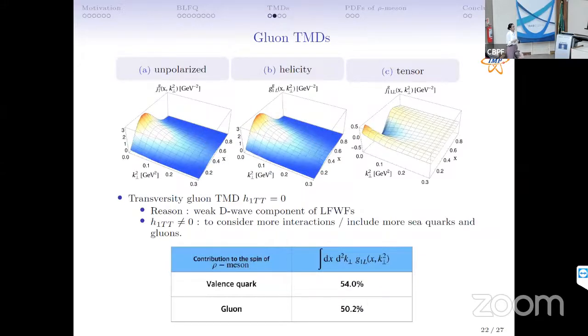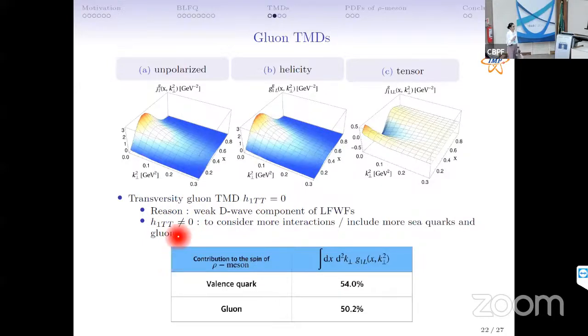Then among other gluon distribution TMDs, we have studied the helicity and tensor. We have found that these distributions have a similar structure to the spin-half system. And we found that the transverse gluon TMD is 0 in our case because of the extremely weak D wave component of the light front wave function.